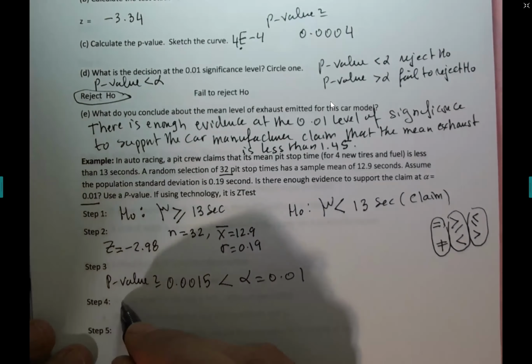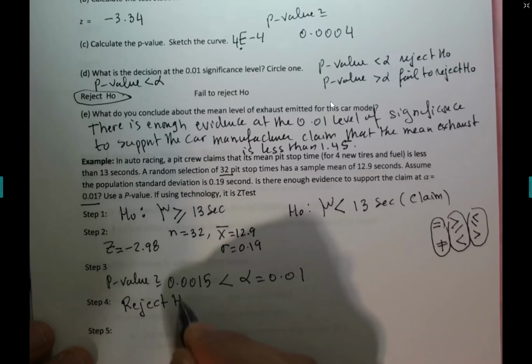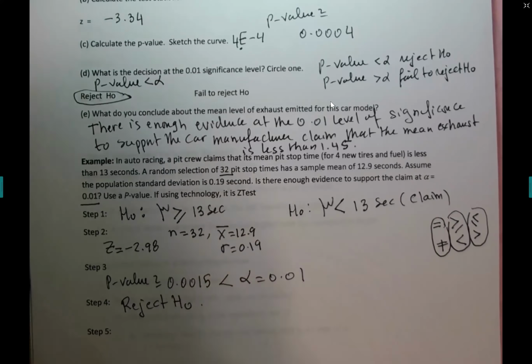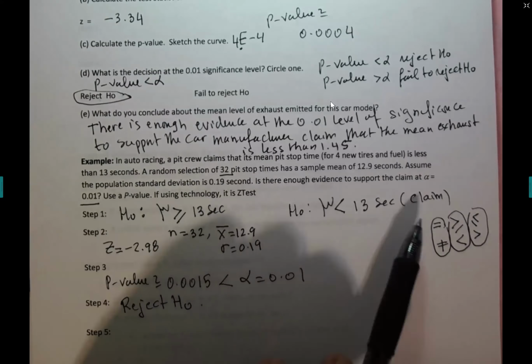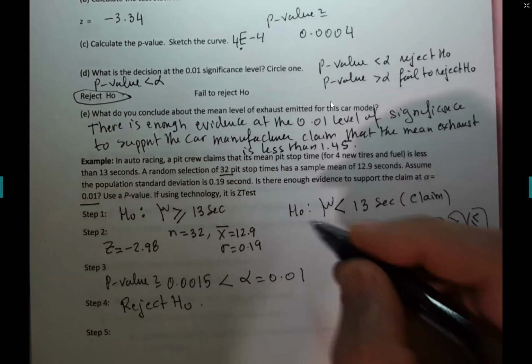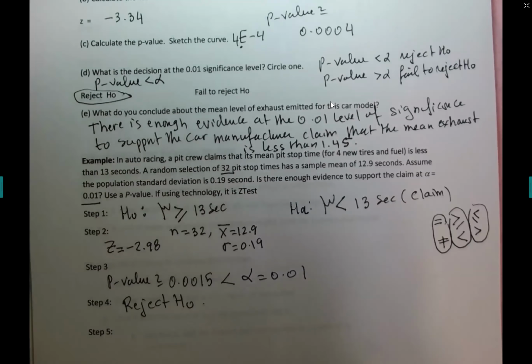And what's the decision, guys? Reject H0 or fail to reject H0? Reject. Reject H0. Again, guys, if you reject the null hypothesis and your claim is in the alternative, sorry, it should be HA here, then you support the claim.